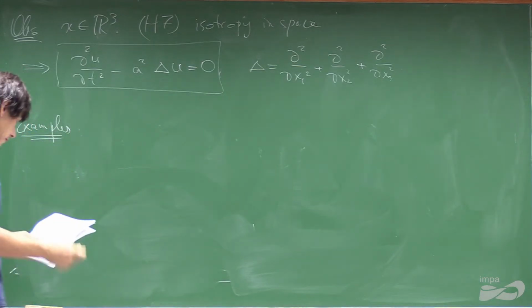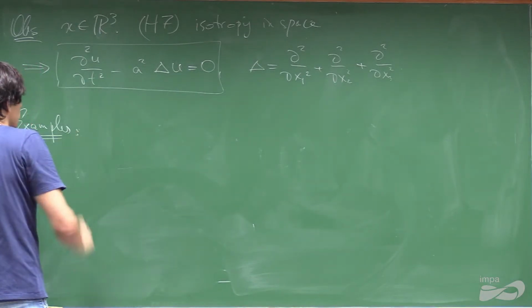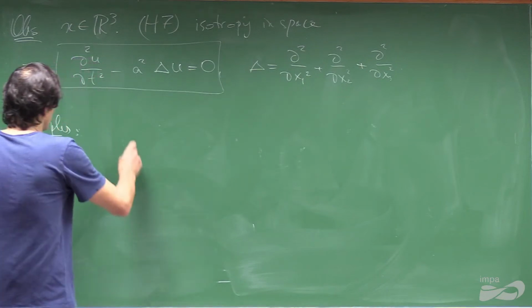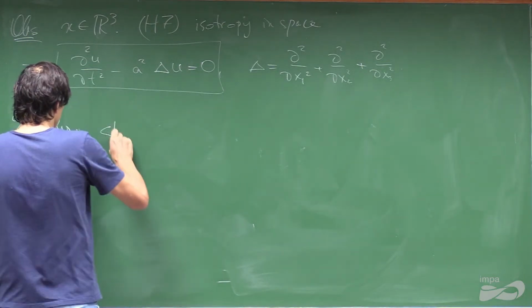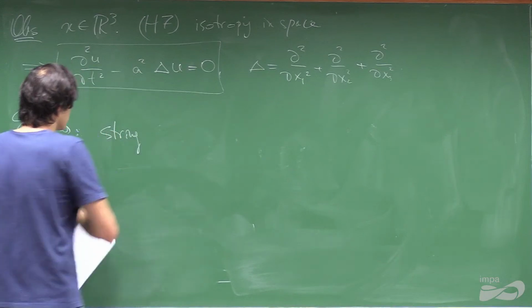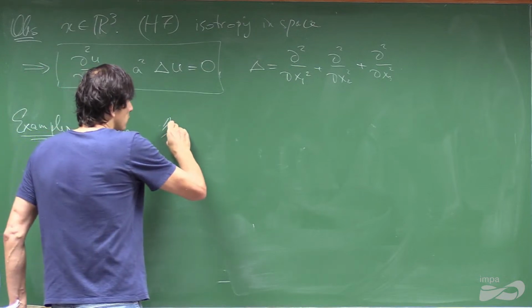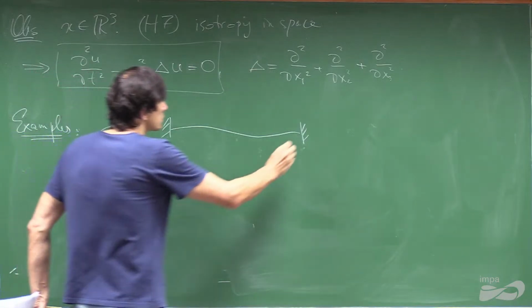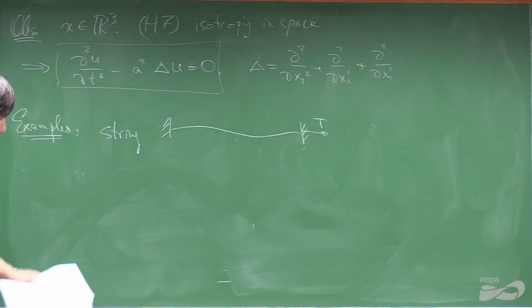Examples, actually many, because this is a very typical equation. It's the most basic equation in the theory of waves. For example, the first one we can consider is a string, like for example of a musical instrument. You fix the string between 2 points and put tension, so some force, and then the string oscillates.